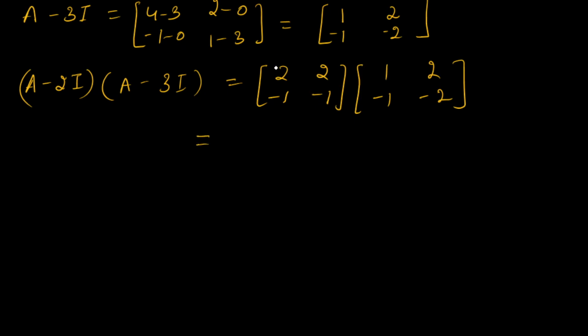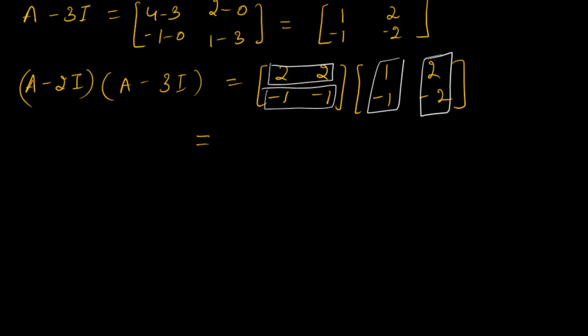When we do matrix multiplication, rows of the first are multiplied with the columns of the second. One row and one column will give us one element only. So 2 into 1 is 2 plus 2 into minus 1 is minus 2. Then 2 into 2 is 4 plus 2 into minus 2 is minus 4. Minus 1 into 1 is minus 1 plus minus 1 into minus 1 is positive 1.